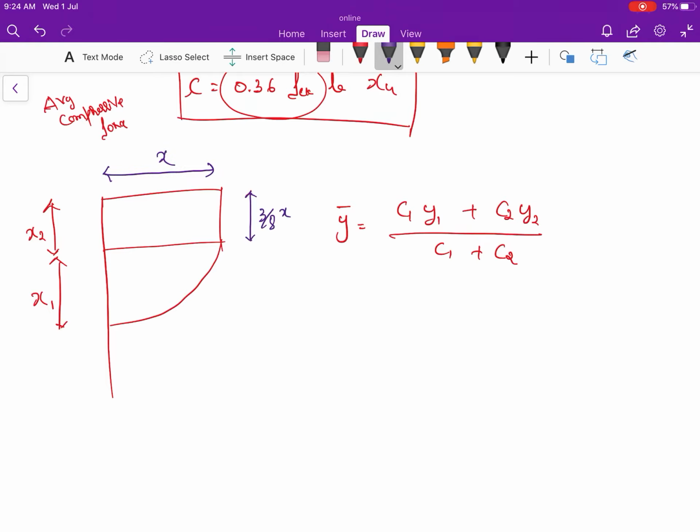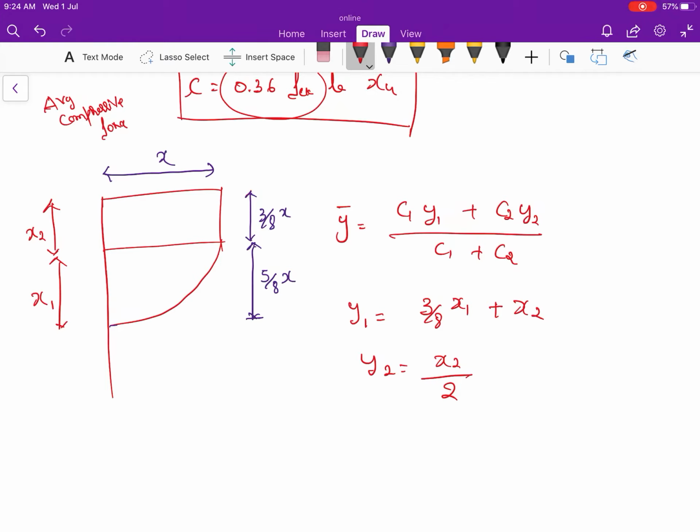We know this value is equal to x, and this is how much with respect to geometrical concept? This is 5/8 times of x. If we substitute this value here, the value of y1 comes to be 3/8 times of x1 plus x2, and the value of y2 is equal to x2 by 2.